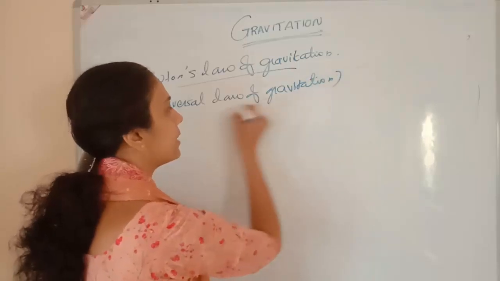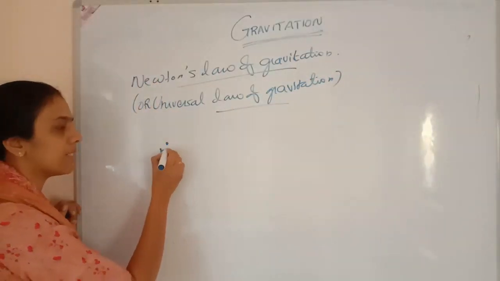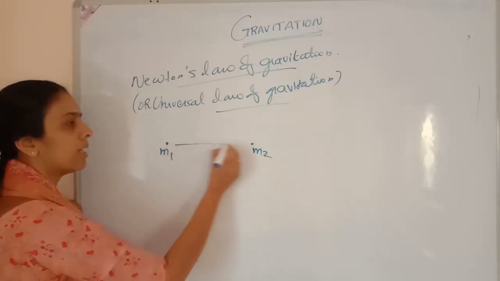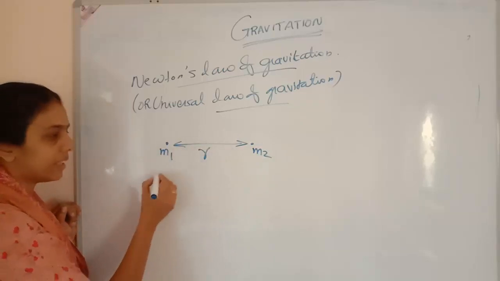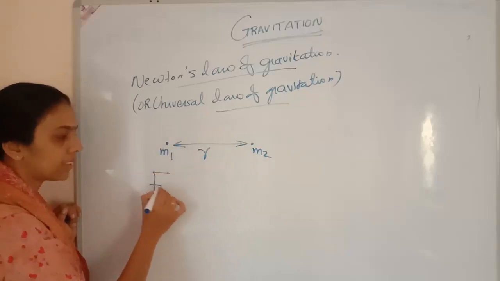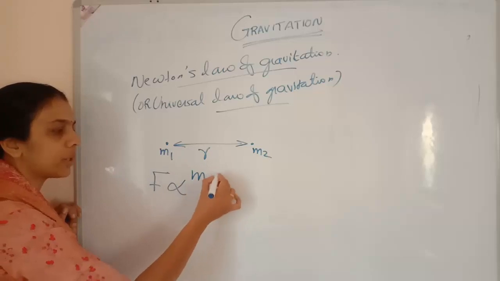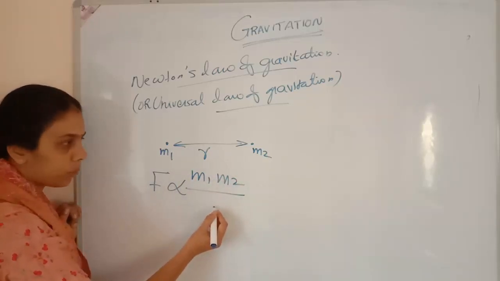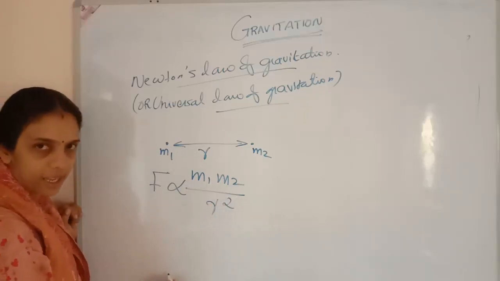Universal law of gravitation states that if two objects having masses m1 and m2 are separated by a distance r, then the force acting between these two objects is directly proportional to the product of their masses and inversely proportional to the square of the distance between them.